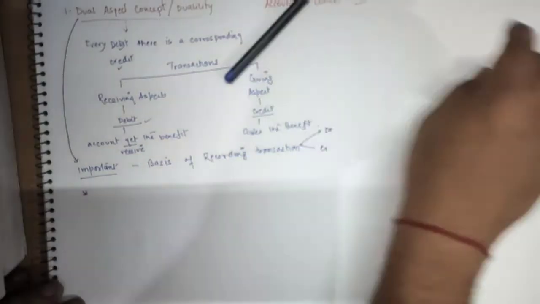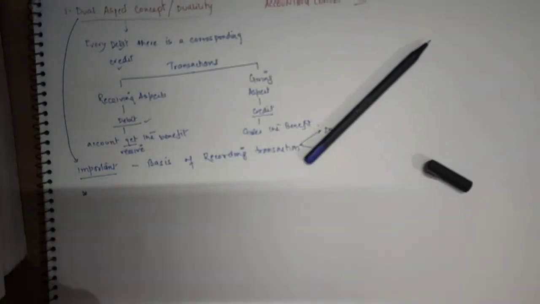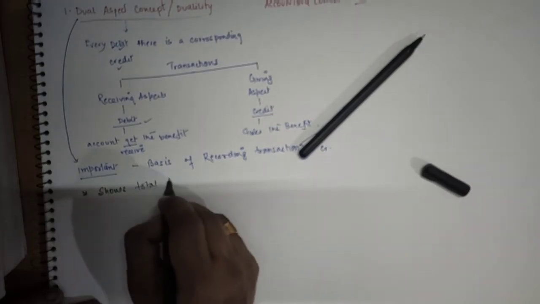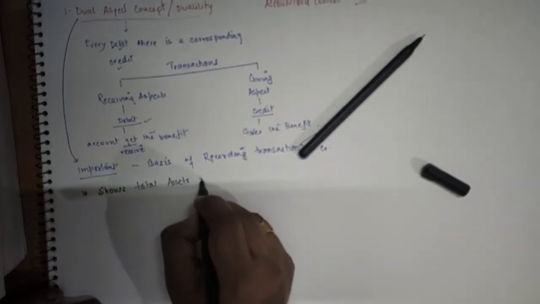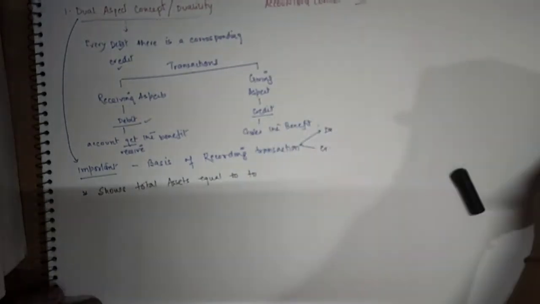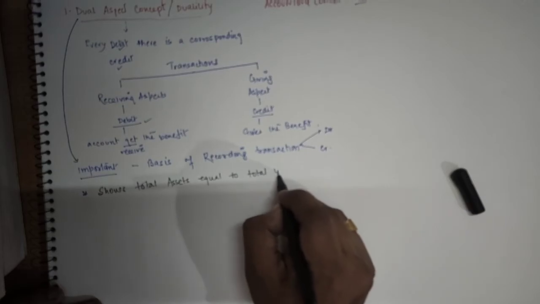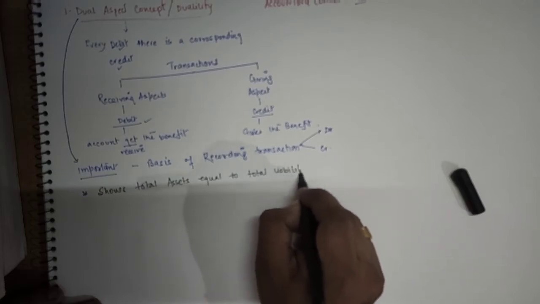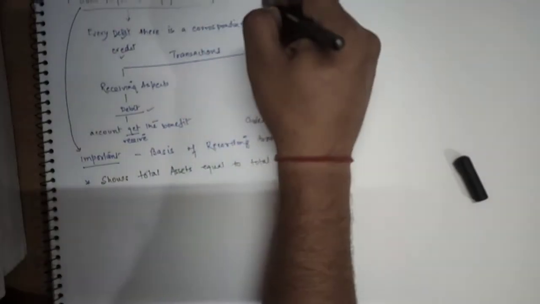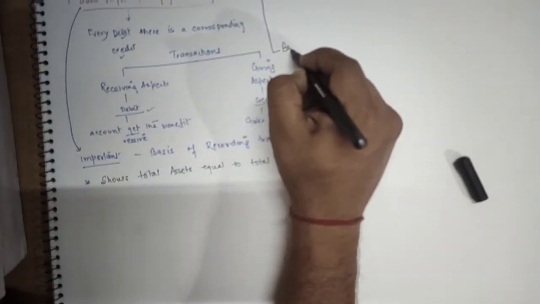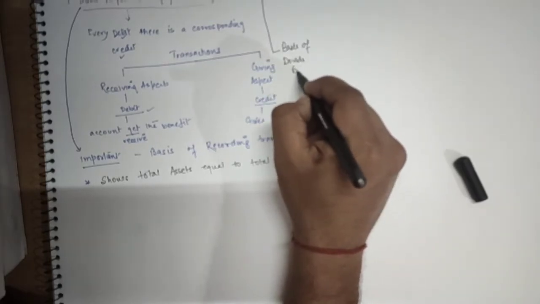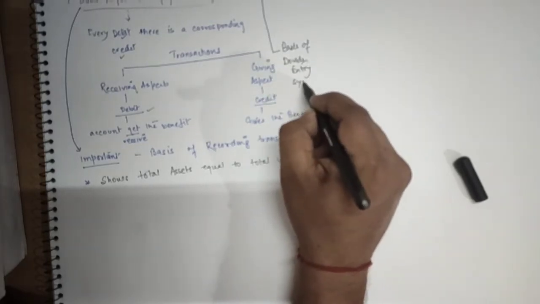Another important aspect is that it shows total assets equal to total liabilities. Clear? This can also be said to be the basis of the double entry system.